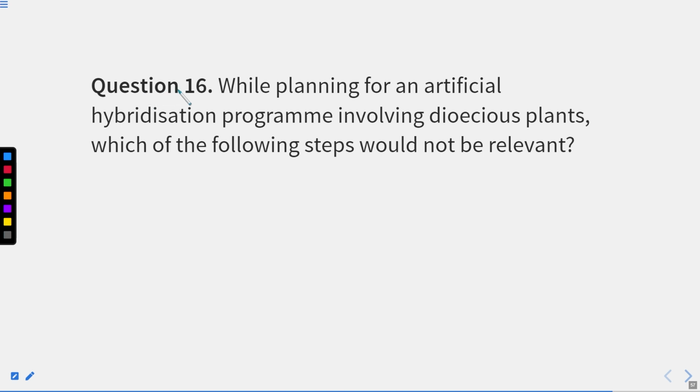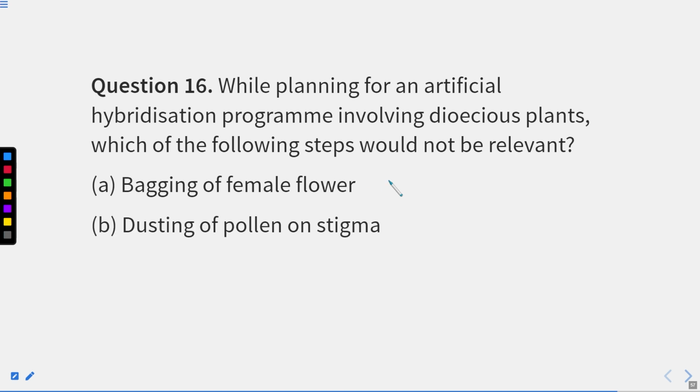Now let's talk about question number 16. While planning for an artificial hybridization involving a dioecious plant, which of the following steps would not be relevant? First is bagging of the female flower. Second option, dusting of pollen on the stigma.